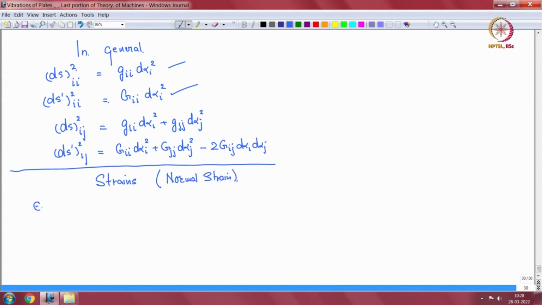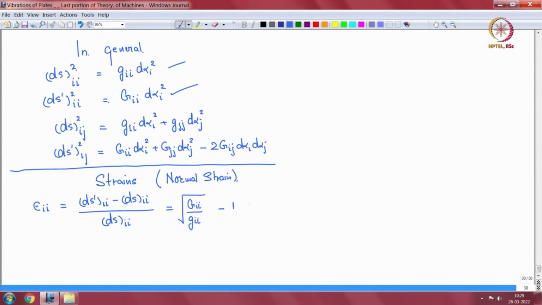So let's see, epsilon I is ds dash I minus ds I by ds I, which in terms of g becomes square root of g I or small g I minus 1.